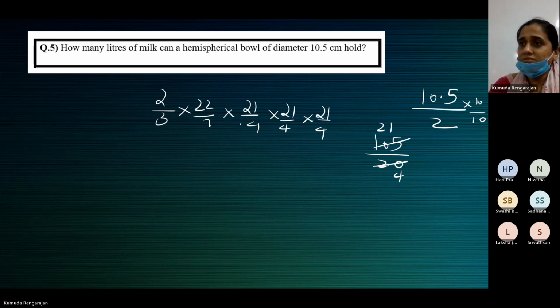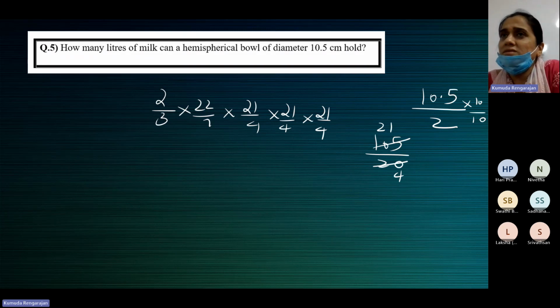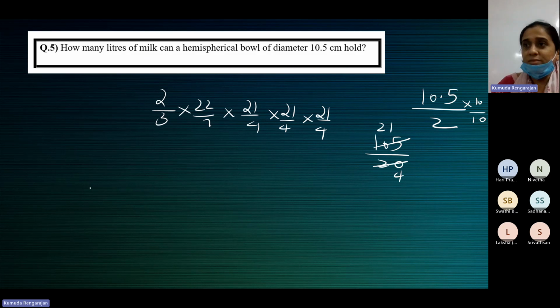Now, mostly we have a doubt: should I multiply or divide? So use this method. Listen to this. Write the formula like this. This one is centimeter cube.